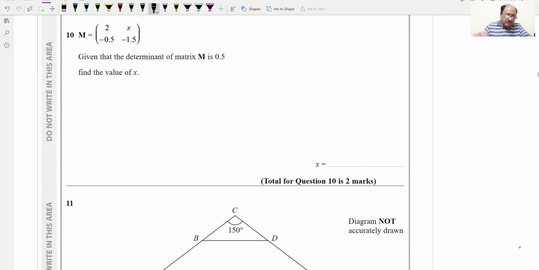Hopefully you understood this. Now question number 10, matrix M is provided. Given that the determinant of matrix M is 0.5, find the value of x.